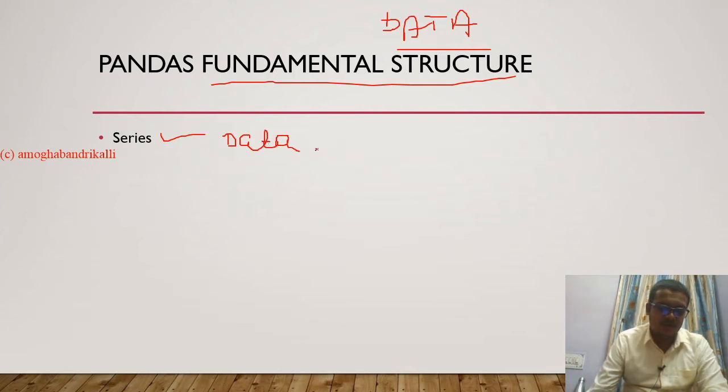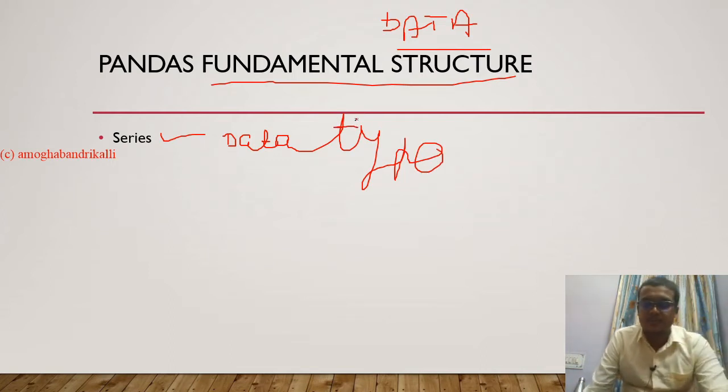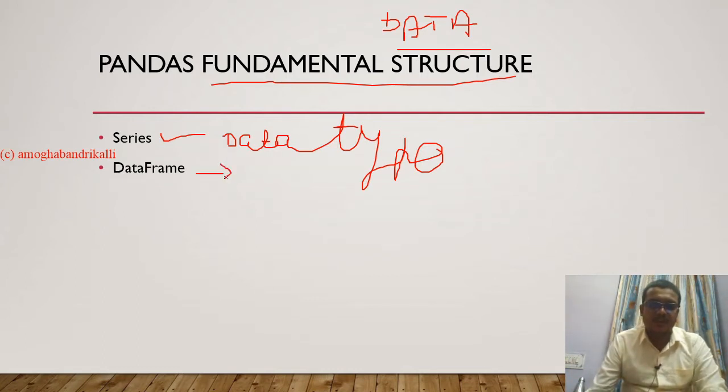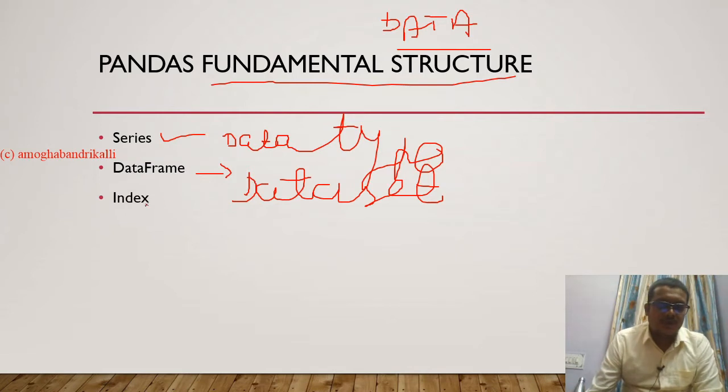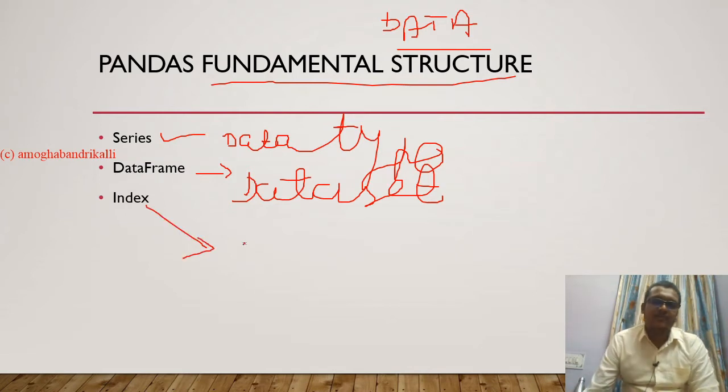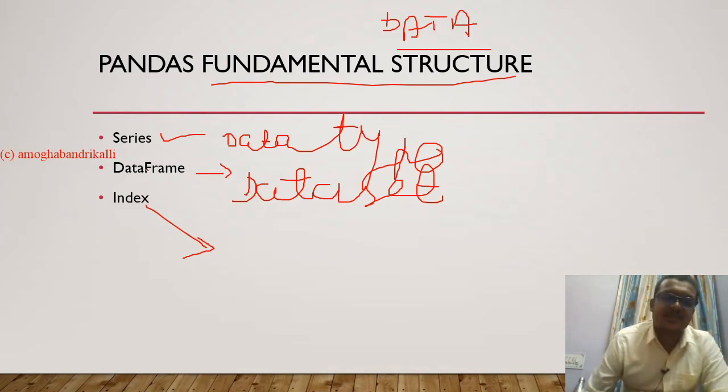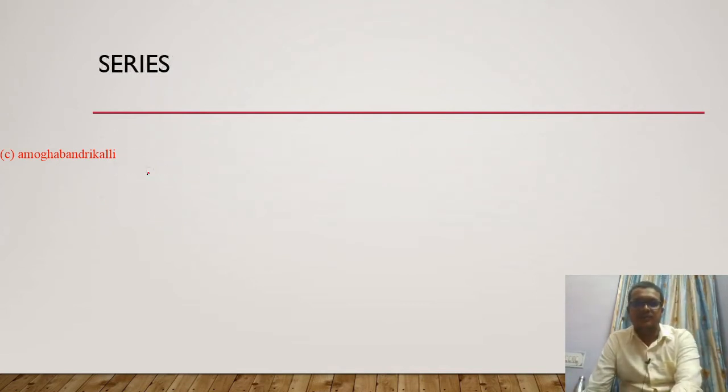You can go for different data types, that is heterogeneous data. This is a very important point. The next one is data frame, where you are going to create a data set. The next one is indexing. We can see how indexing in series and data frame works.